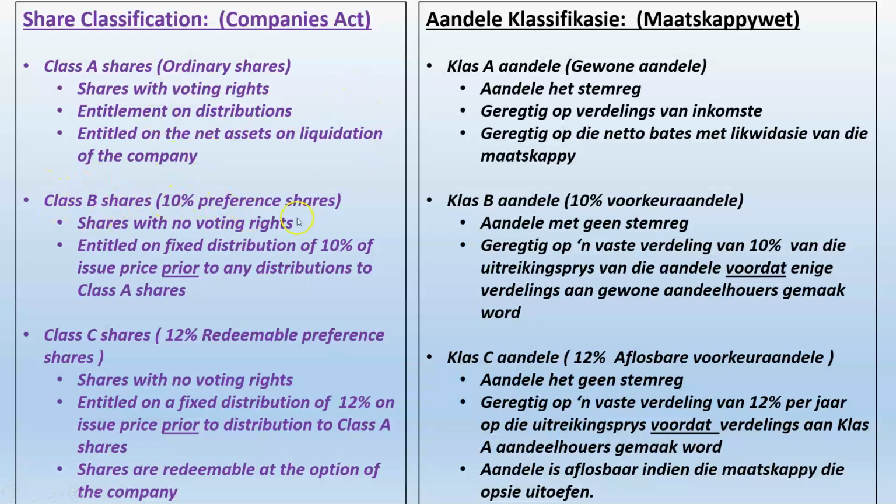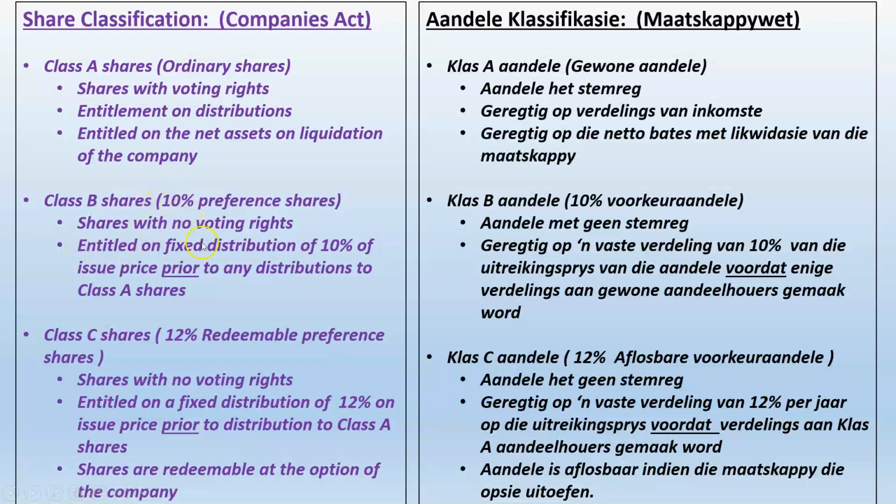A Class B share is a preference share, and you will see something like a 10% preference share. Now, these shares do not have voting rights, but they have another benefit. That 10% is the indication of the amount of income distribution that should actually happen on an annual basis and be paid out to them.